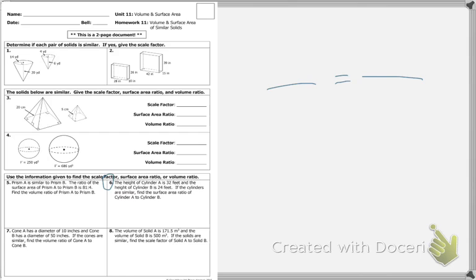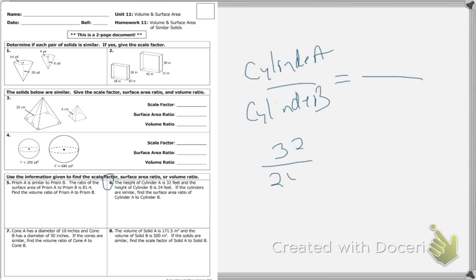And it's always the first over the second. Okay, so if that's the case, the first is your cylinder A, your second is cylinder B. Okay, so that means that you have 32 over 24.